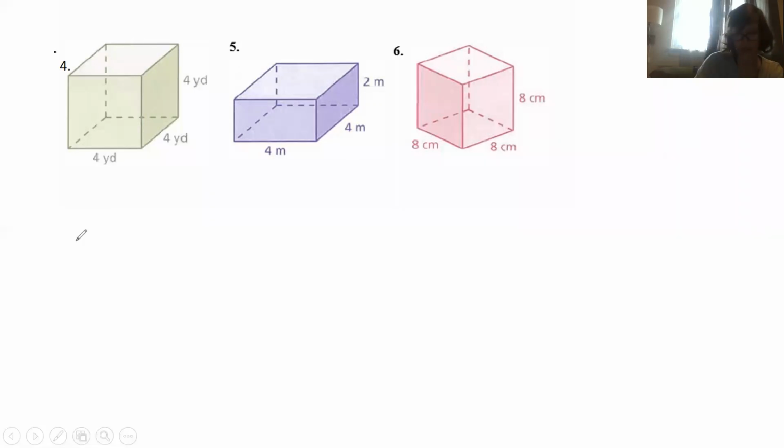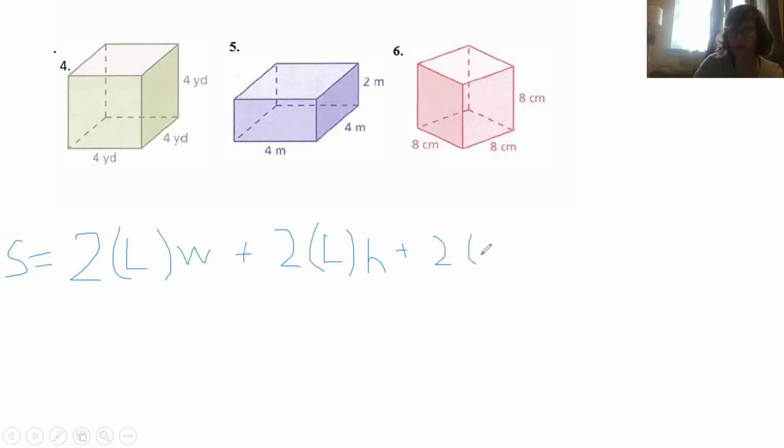So again, I'm going to write the formula here for you. Surface area equals 2 times your length times your width plus 2 times your length times your height plus 2 times your width times your height.